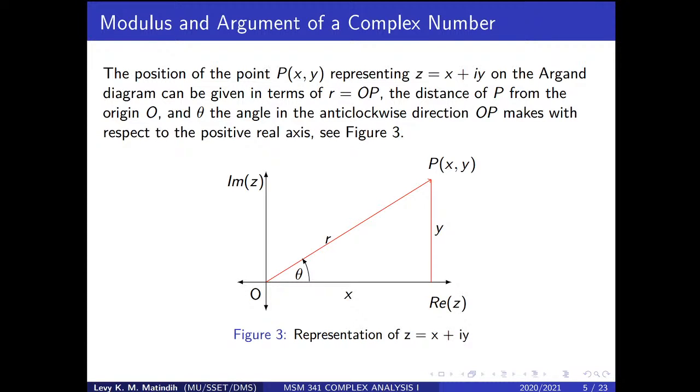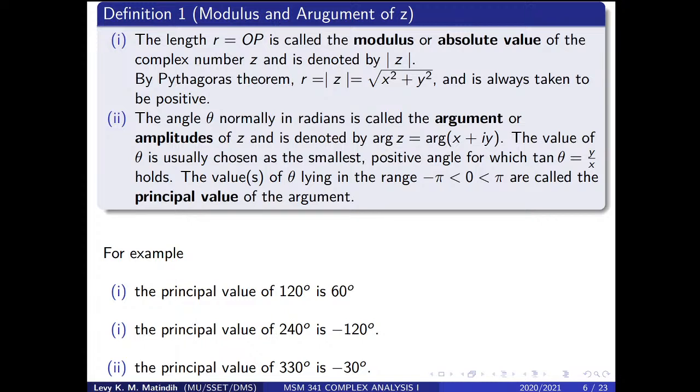So now in solving for R, we have R equal to the square root of the sum of the square of the real ordinate and the square of the imaginary ordinate, which is the one that is just written here.